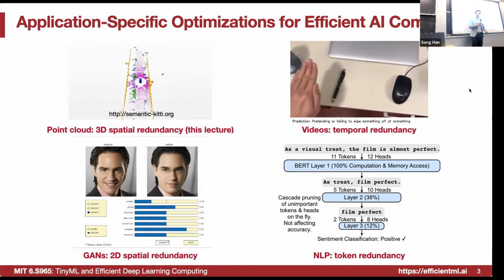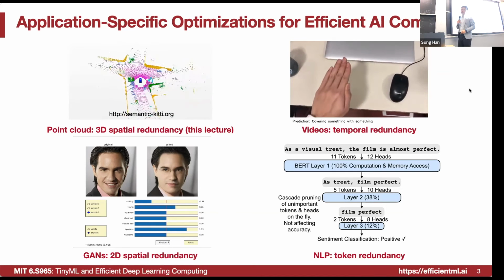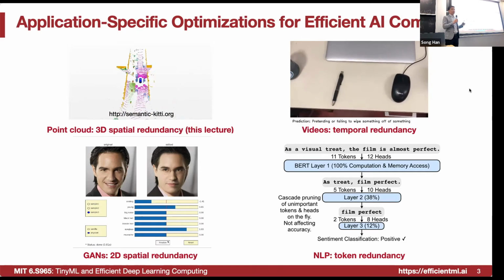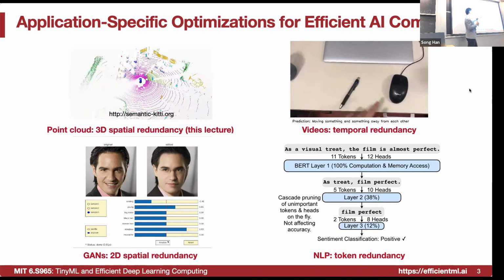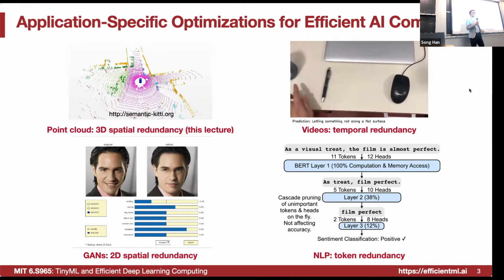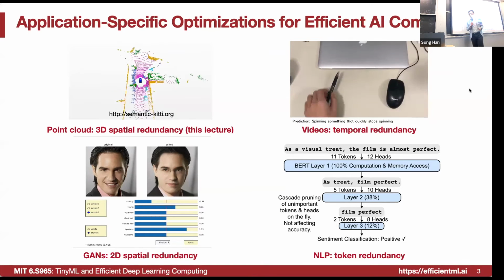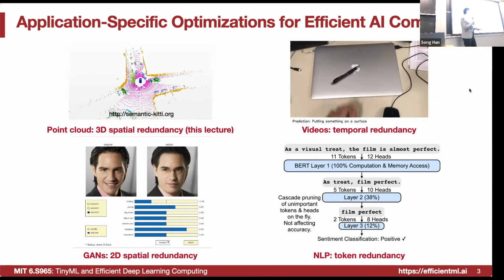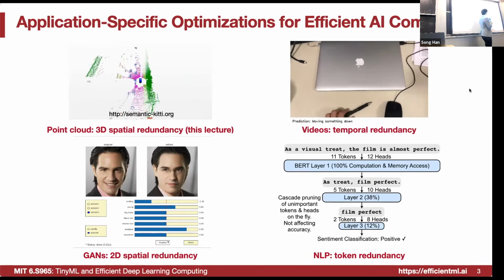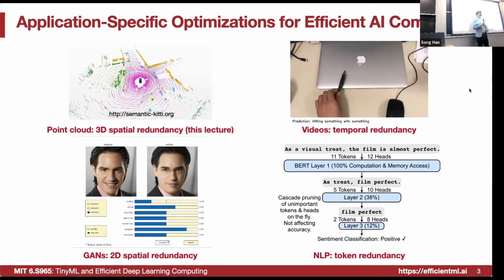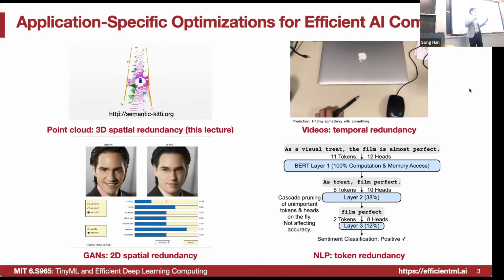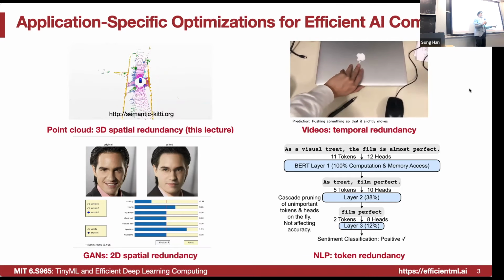Next task, widely used, is natural language processing. So for natural language processing, we have many tokens in a sentence. Right? However, in human language, not all the words are equal. In this case, 'as a visual treat, the film is almost perfect.' So we don't need to see all the words. For example, we can just see 'film perfect.'